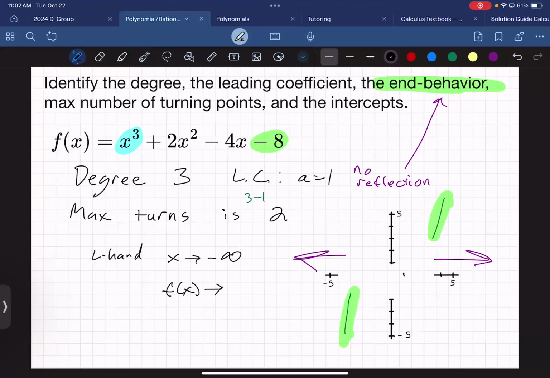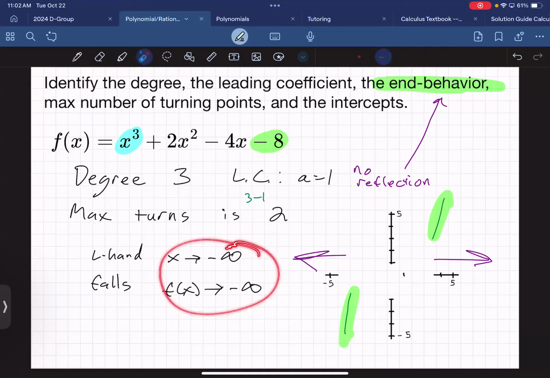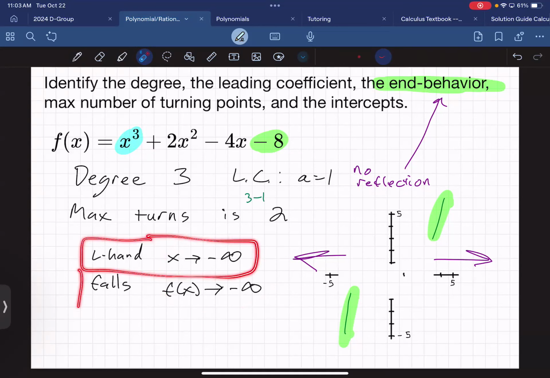We could say something like, hey, it falls. Now, another way to write that would be to say, hey, it goes towards negative infinity. Okay, so make sure you see this notation because that's definitely something you'll see on the assignments. But also make sure you take it to that, like that just means the left-hand side of my graph. And that means it's going downwards, or what we're going to say is falling. We don't want to use the word decrease here because that's reserved for a rate of change. Okay, so that's why we'll use rise and fall.